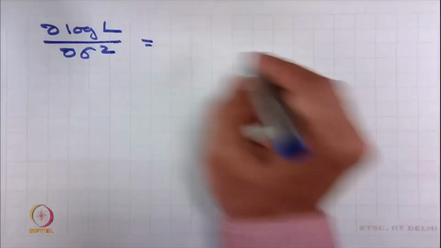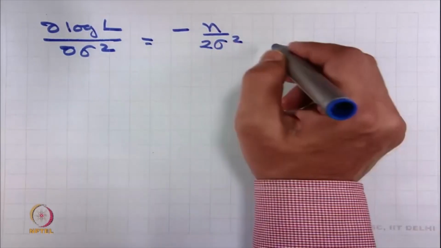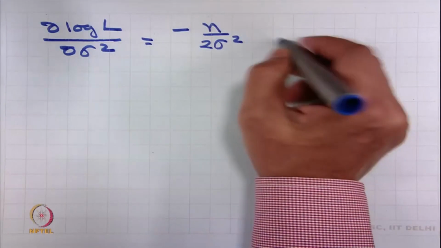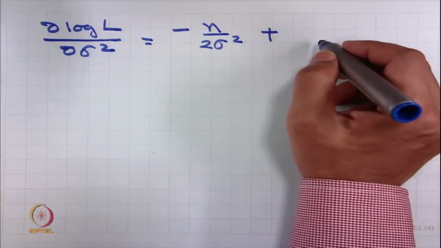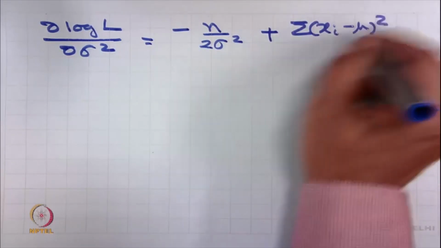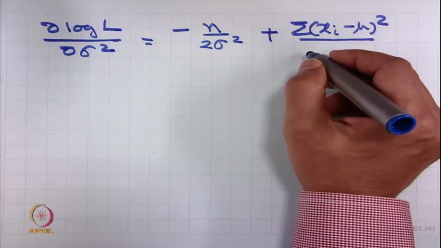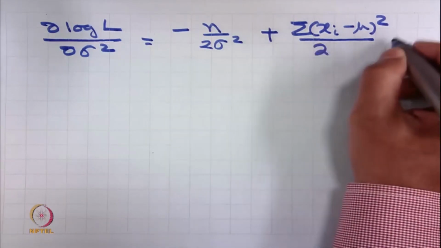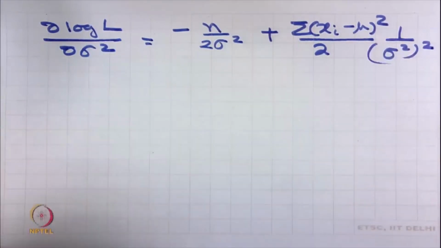So, what we are getting is minus n upon 2 sigma square, and from the other one we are getting plus sigma xi minus mu whole square upon 2 into 1 upon sigma square whole square.